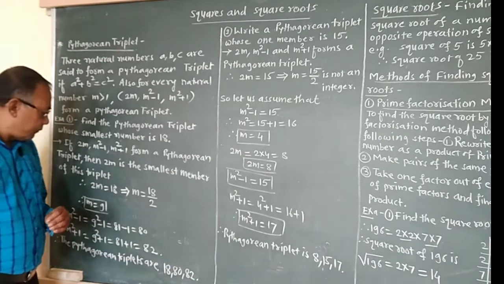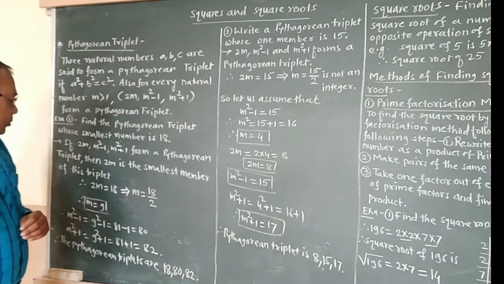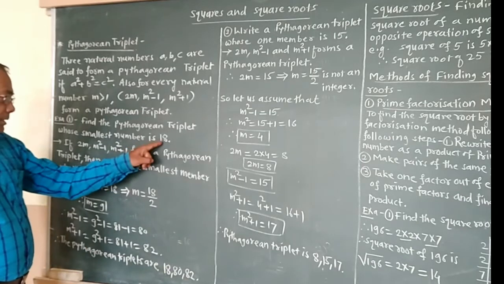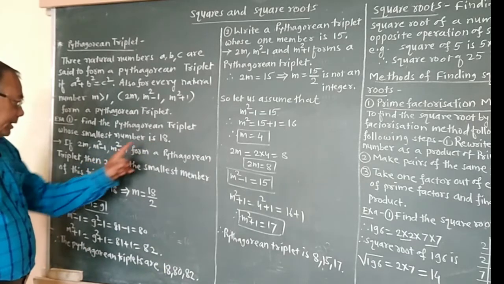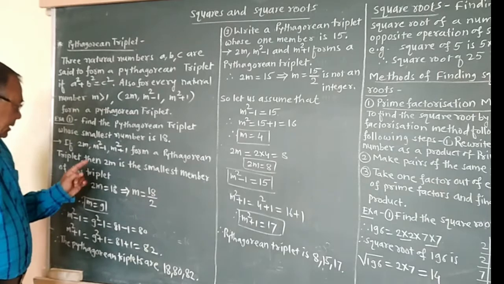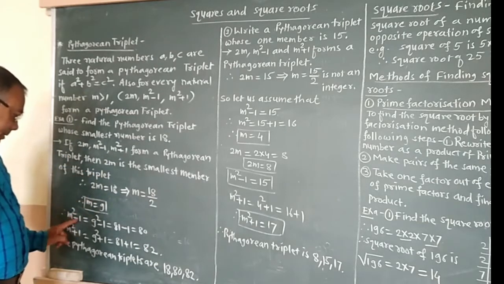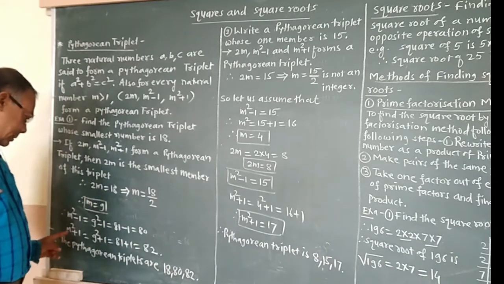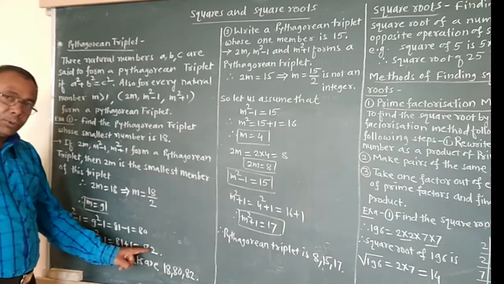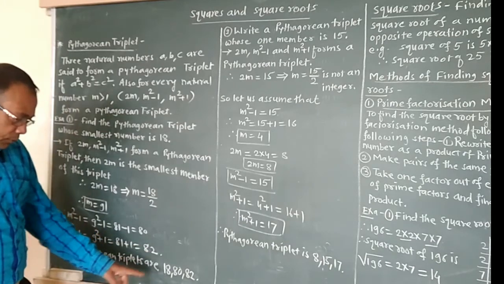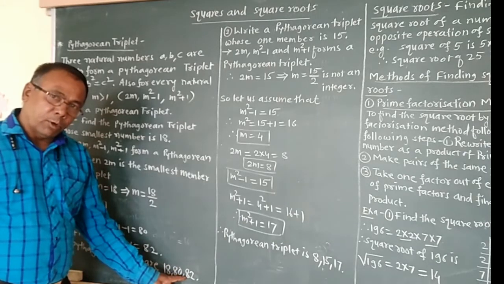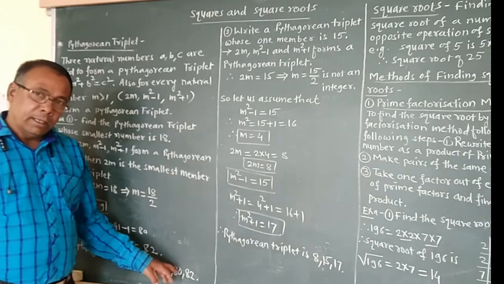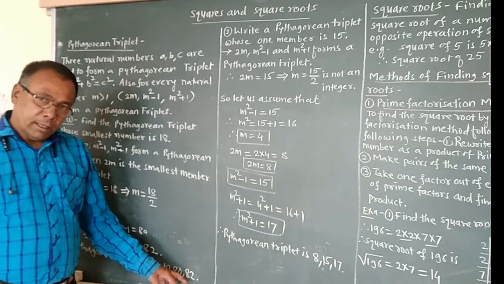In this way, 2m is 18, m square minus 1 is 80, and m square plus 1 is 82, the third value of the triplet. So the Pythagorean triplet is 18, 80 and 82.